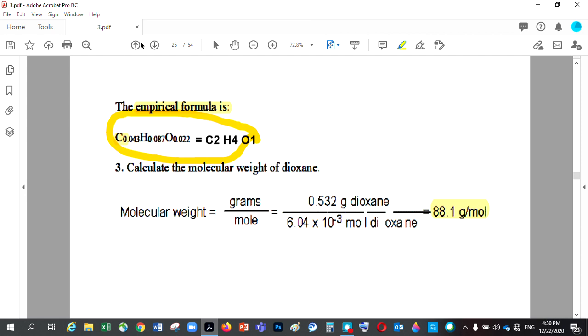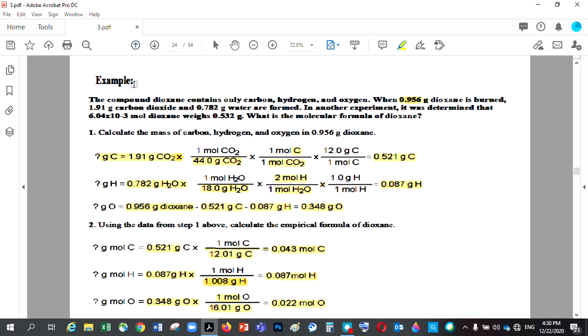If you want to ask yourself from where, that's from the sample. This is the dioxane weight, and this is the moles. So you divide these grams by these moles, and you get what? You get the molar mass of the whole molecule of dioxane, correct?